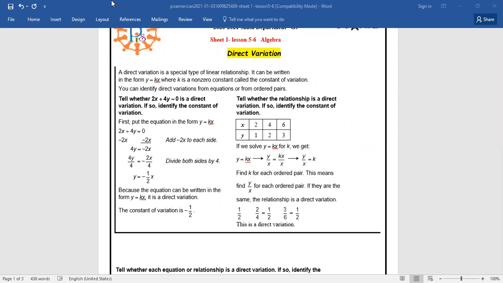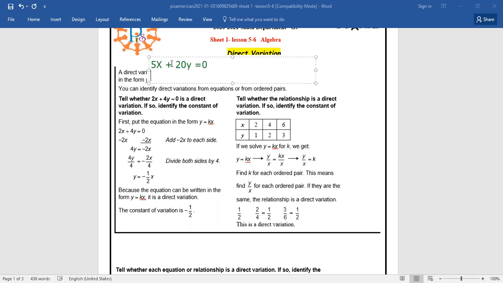If I give you a question like this, 5x plus 20y equals 0, will this be a direct variation or not?